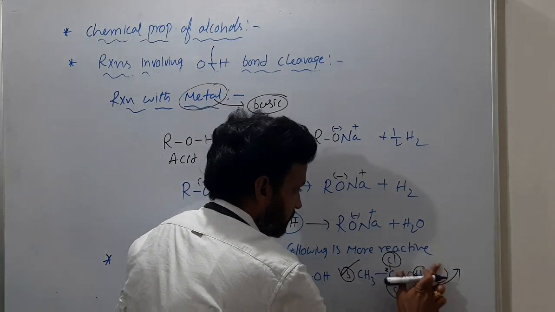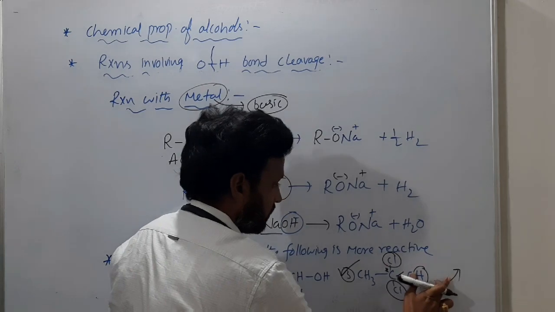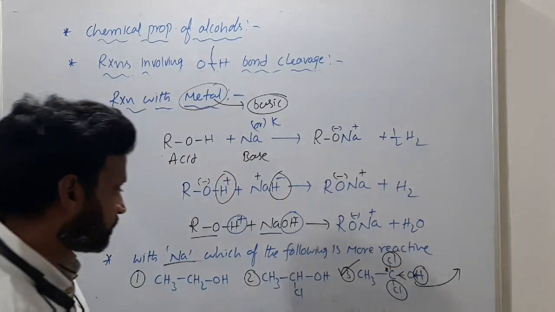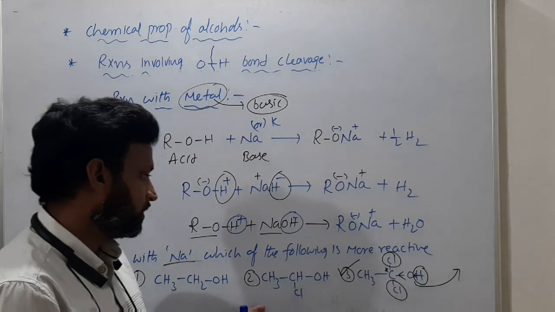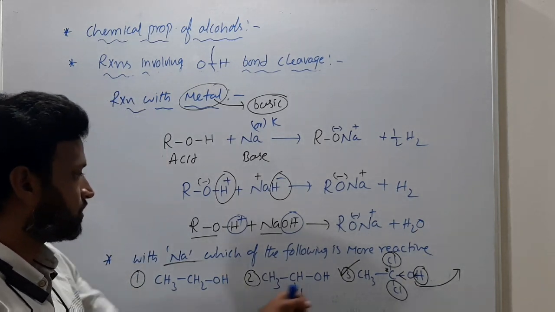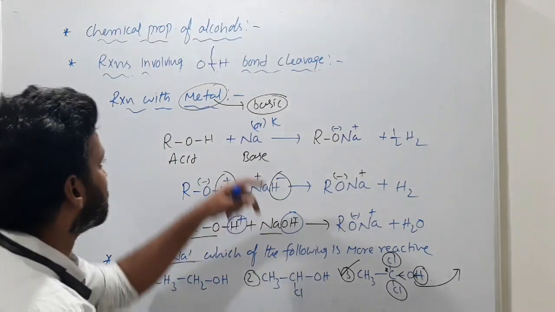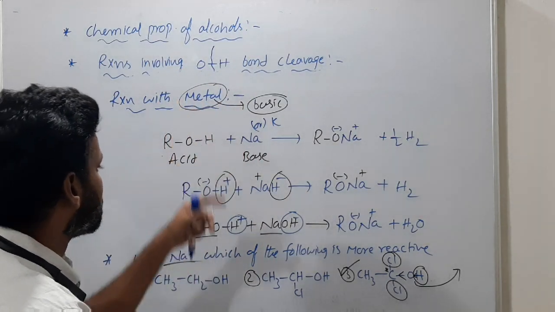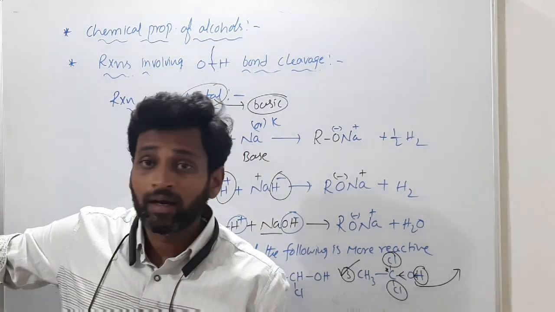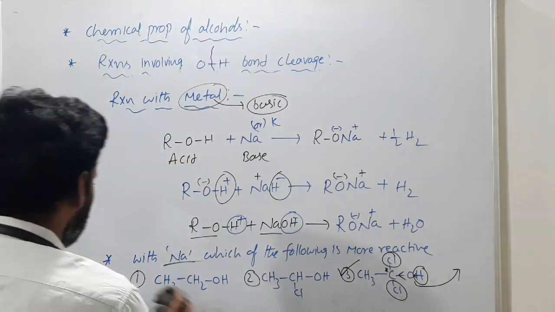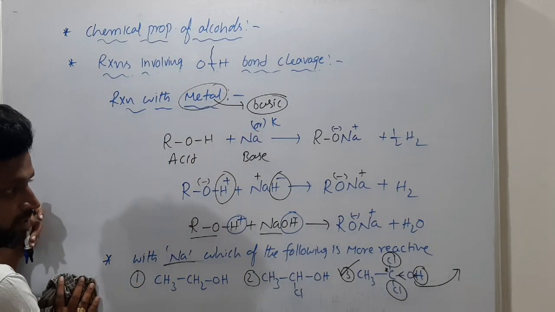Understanding? So among these three, this is more reactive. Difference you understood, sir? As minus I groups increase, reaction with metal hydride and all those increases because acidic nature increases.